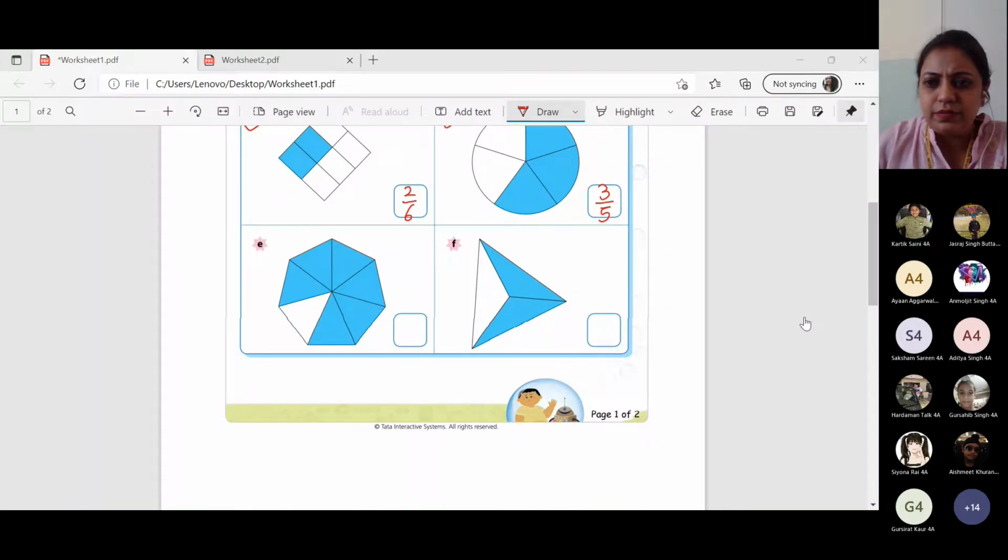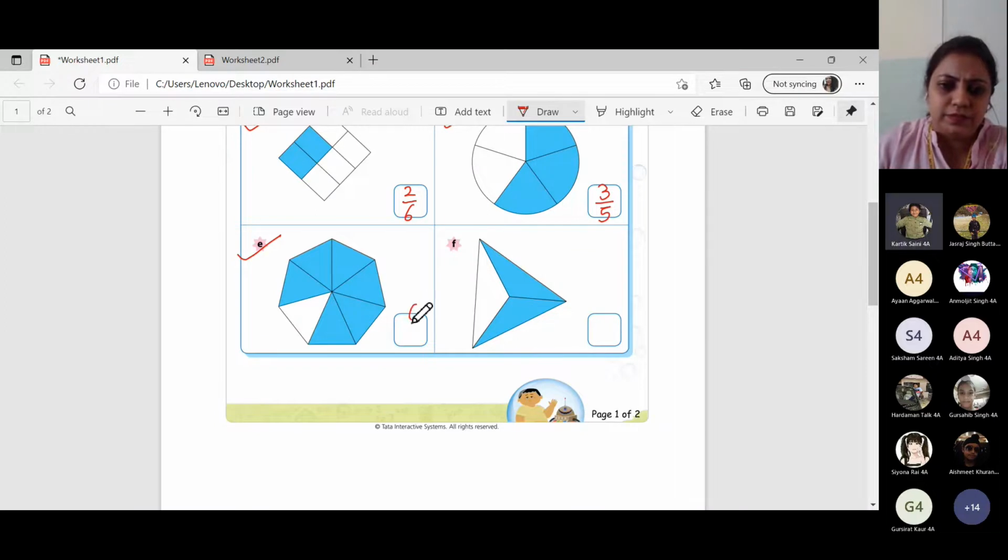Karthik. Yes, ma'am. Tell me fraction of shaded part. Ma'am, 6 by 7. 6 by 7. Very good.